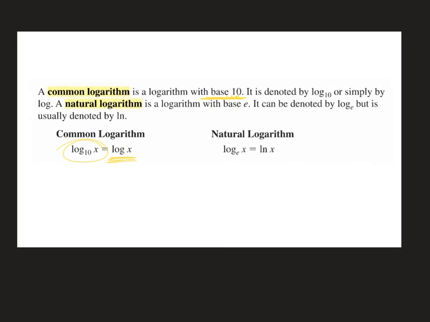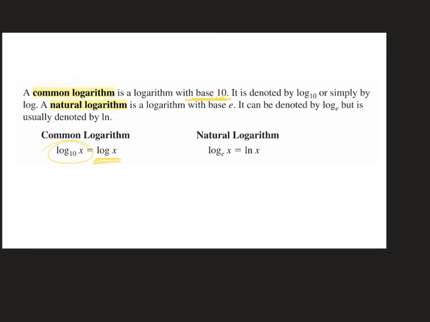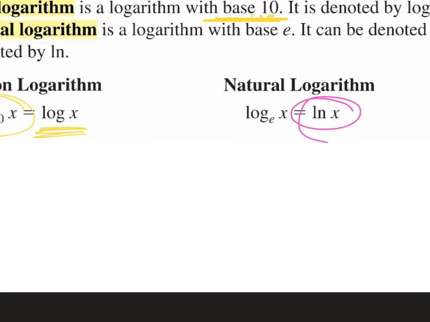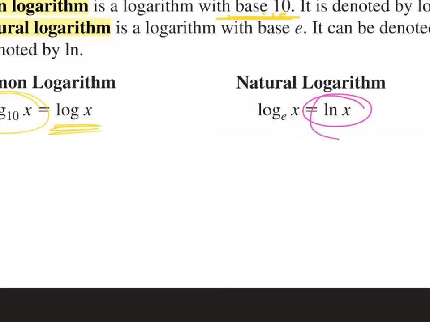A natural logarithm is when your log has a base e, which is written as ln of x. So log base e is the same thing as ln of x. It's our natural log. ln is a different button in your calculator. So you can take the log of a number, or you could take the ln of a number. Both of them are just different buttons in our calculator.